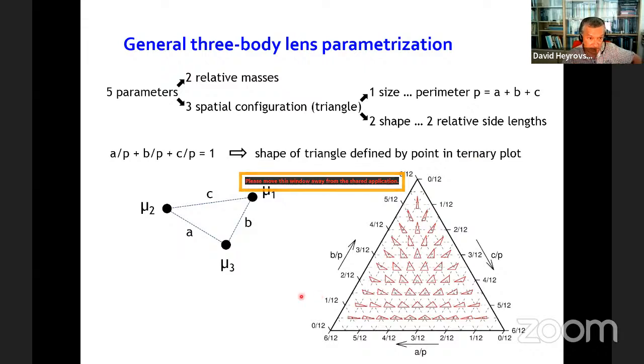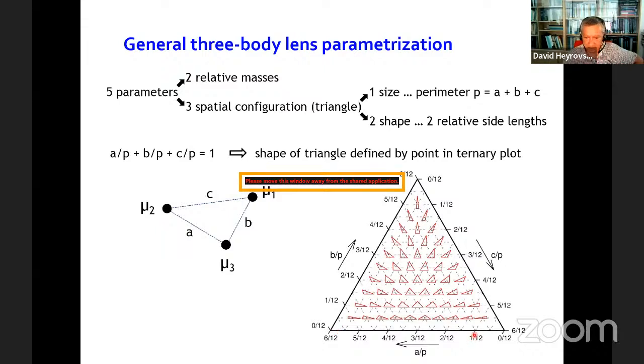The ternary plot is a triangle, and along the 3 sides of the triangle you have the 3 quantities which sum up to 1. So here you have the 1st relative side length, 2nd relative side length, and 3rd relative side length. Each of the side lengths can go from 0 to 1/2 of the total perimeter. Of course, you cannot have more than 1/2 of the perimeter for a triangle.